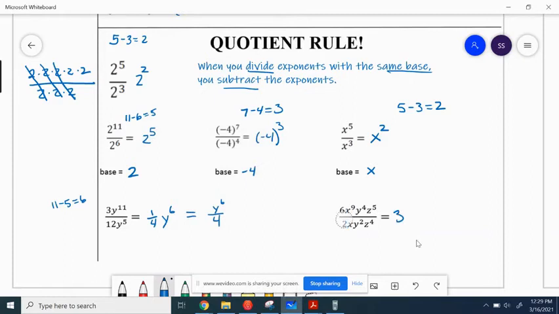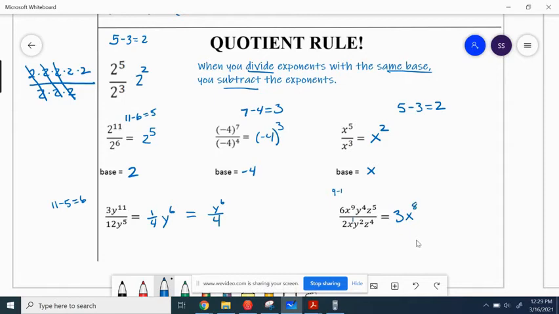And then let's go ahead and address the variables with exponents. Remember, we have to keep the bases the same, so I can only do these with the x's. So x, we have to the 9th power divided by x to the 1st power. So this is going to be 9 minus 1, which is 8.